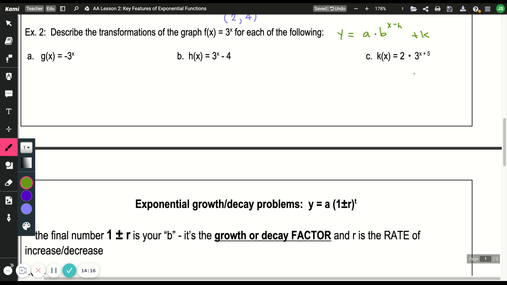And the cool thing about transformations is it doesn't matter what kind of graph you're doing, they affect the graph in the same way. So whether it's absolute value or square root or exponential or parabolas, these h and k always have the same impact on the graph. If it's a negative in front, so like this one, that reflects your graph across the x-axis.